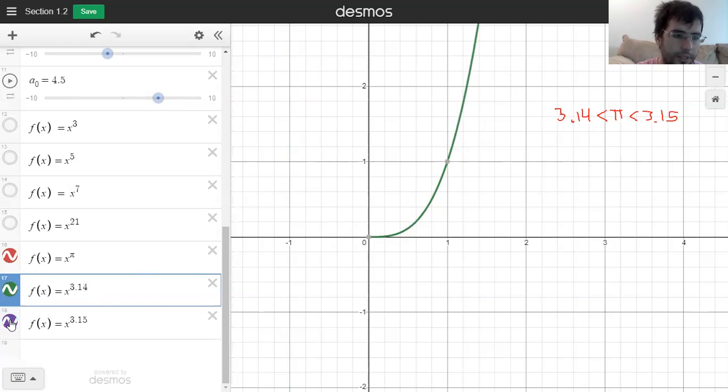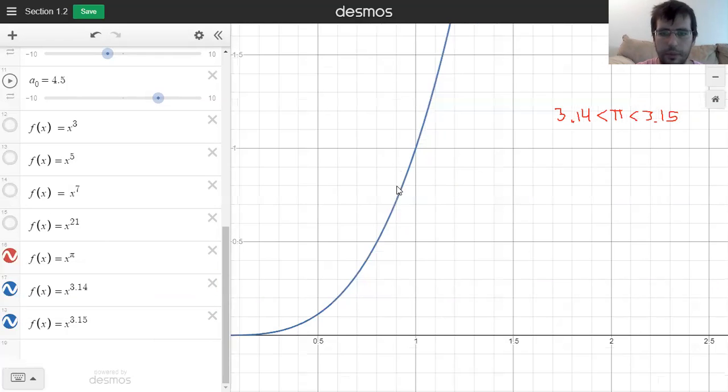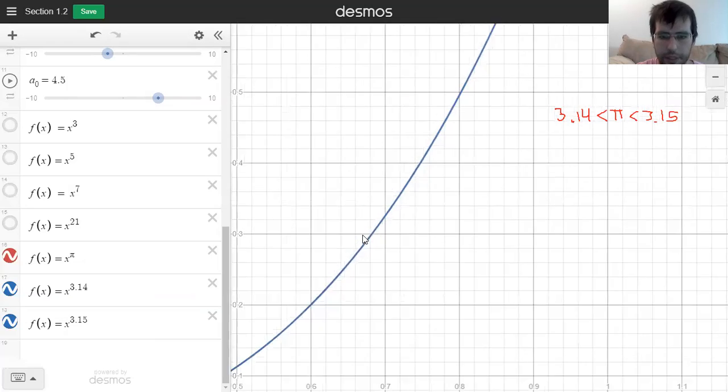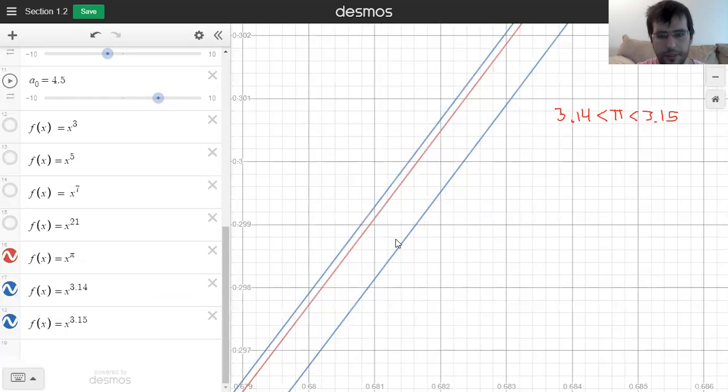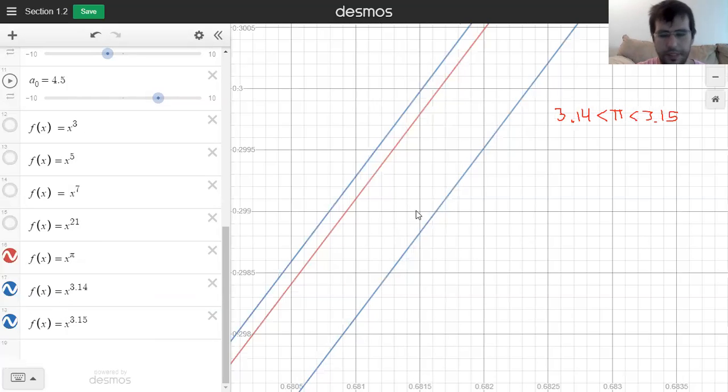And indeed, you can see that they are. They're so close that we can't really see the difference. When we zoom in, we see, yeah, it's in between.